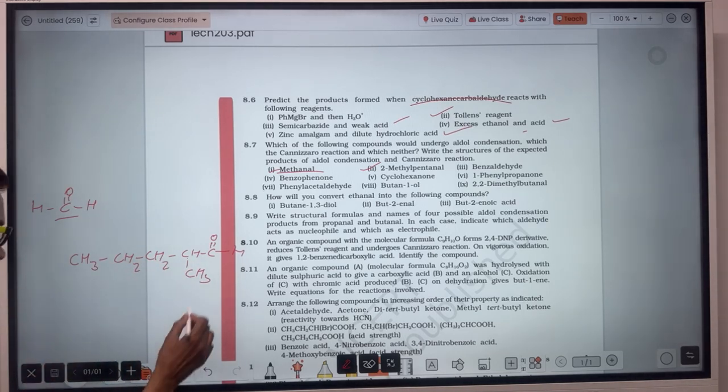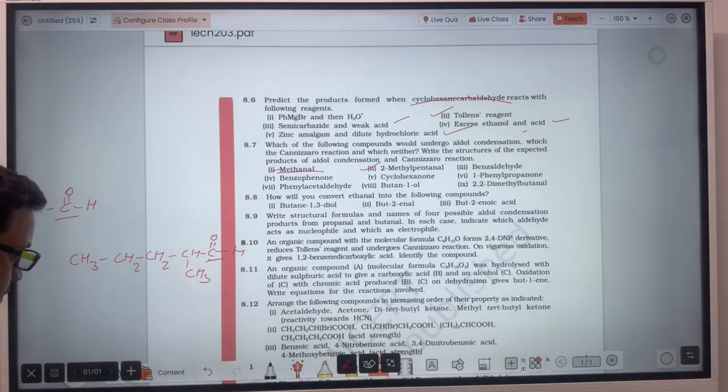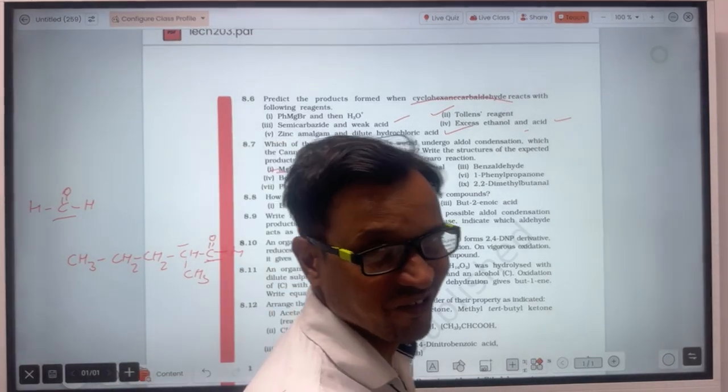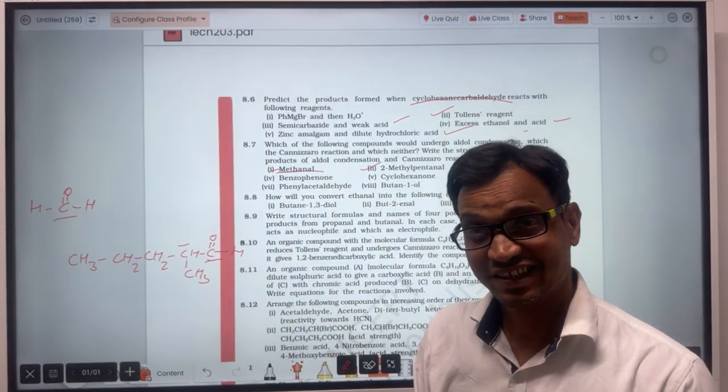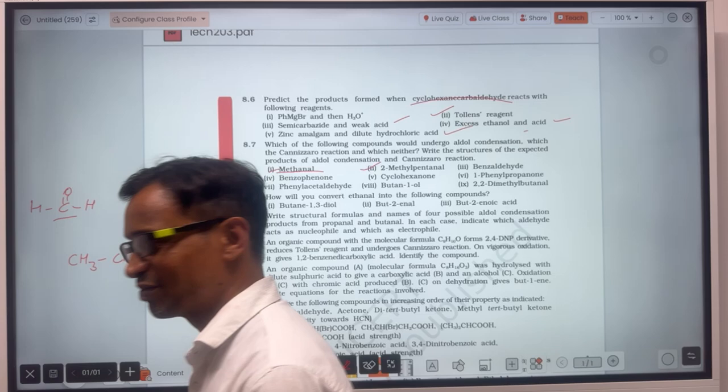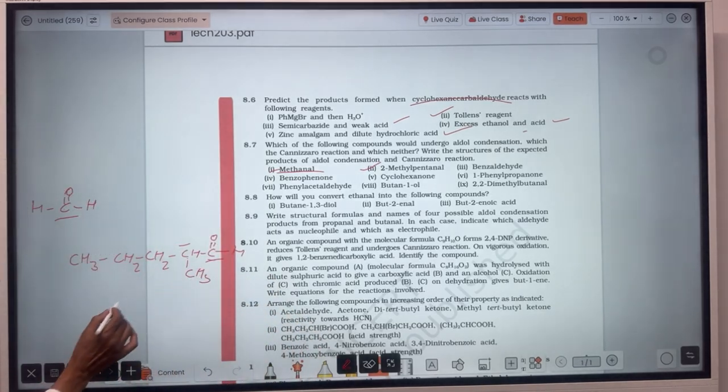Okay, now watch out here. This is the carbon of the functional group. This is the alpha carbon, so there is alpha hydrogen. So it will undergo the aldol condensation reaction. Now let's see the product. The same type of molecule will be there.